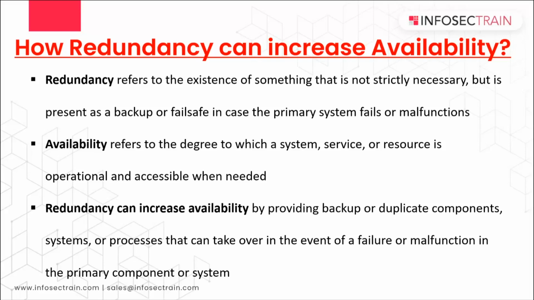If one server fails, the other servers can continue to handle requests, ensuring that the network remains available to users. Similarly, in a power grid, redundant power sources can be used to ensure that power continues to flow even if one source fails.